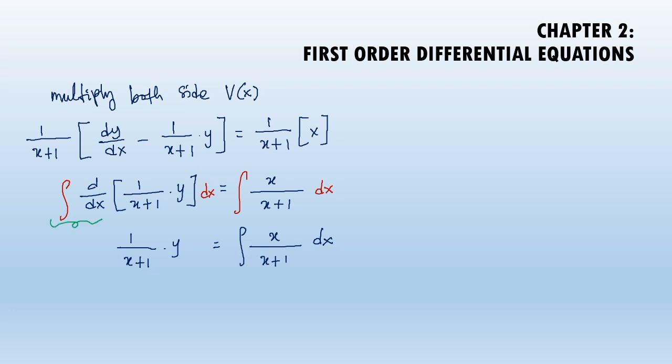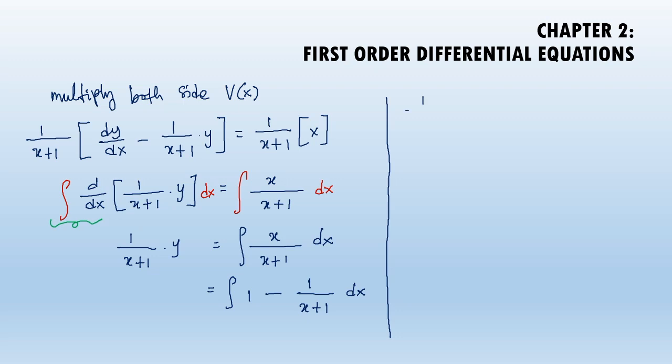Since the integrations of differentiation actually cancel out, so we just need to integrate on the right hand side. So in order to integrate x over x plus 1 by using long division, since this is an improper fraction, we have 1 minus 1 over x plus 1.